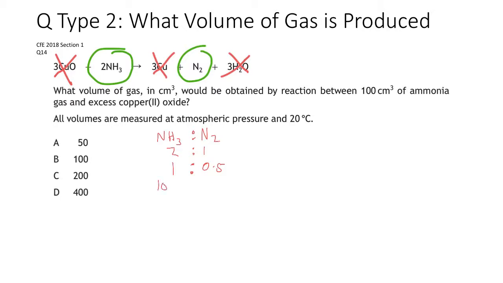I've got 100 centimetres cubed of the ammonia, so I should make half of that, 50 centimetres cubed of the nitrogen. And that means answer A is the correct answer.